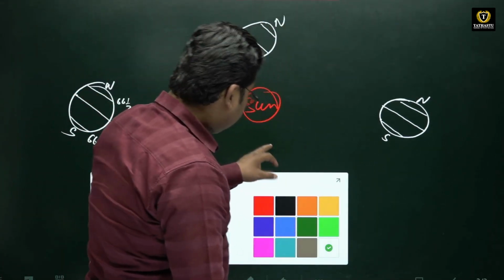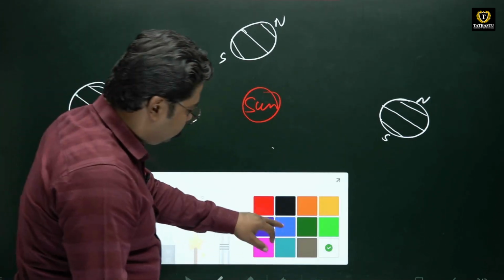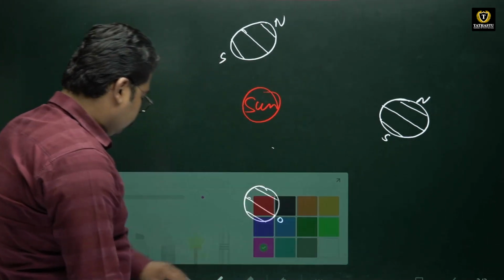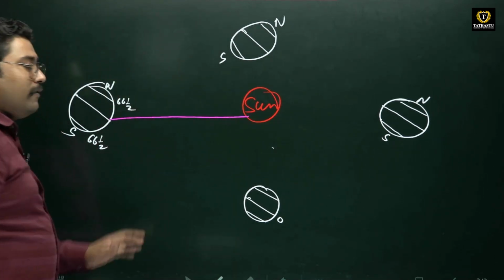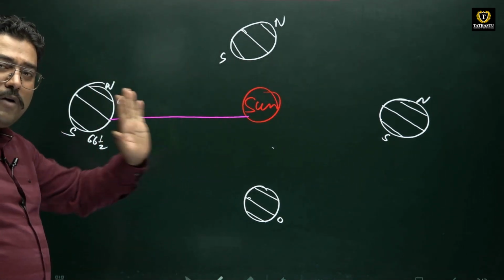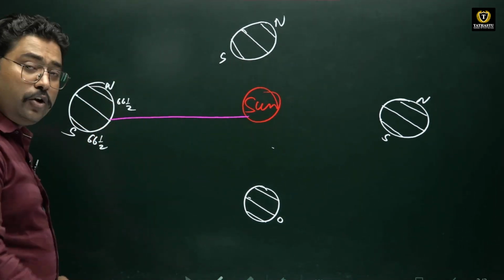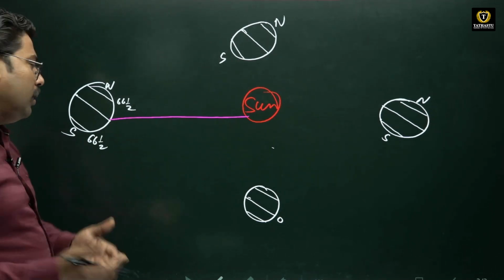Now, if you notice, the equator is receiving the sun rays throughout the year vertically, or you can say more or less equal.